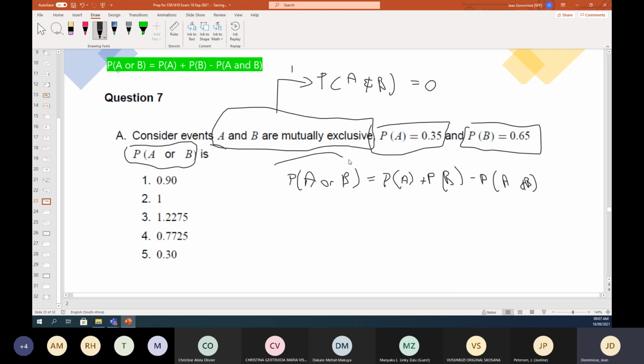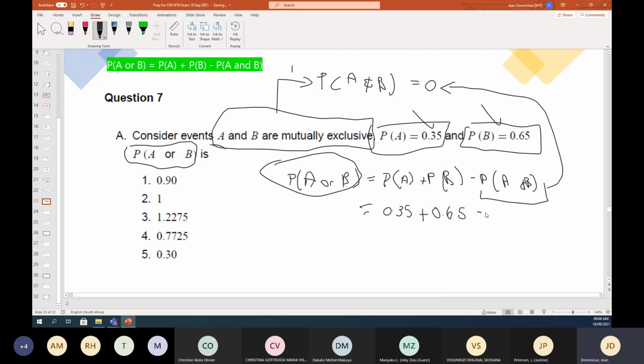We've got the probability of A, we've got the probability of B. In that question, they don't give us the answer straightforward, but they told us that it's mutually exclusive.